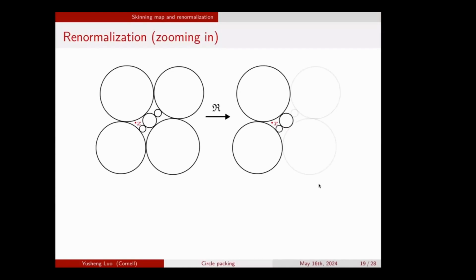So we start with the infinite circle packing, and we pick a point that is somewhere in the limit set of this circle packing. And then we can start zooming in by forgetting about the lower level circle packings here. So this is an example where we start with a quadrilateral, and then we can look at the corresponding level 1 graph, and then we start to zoom in.